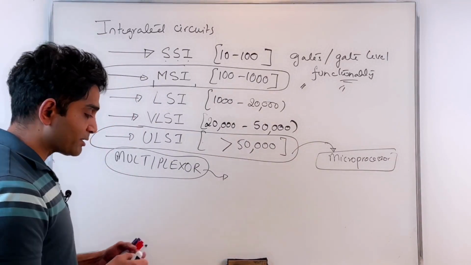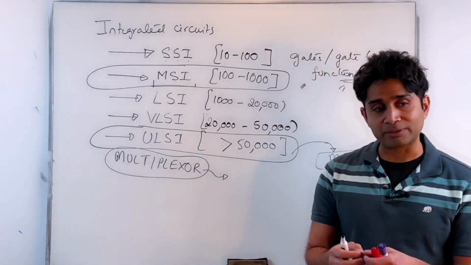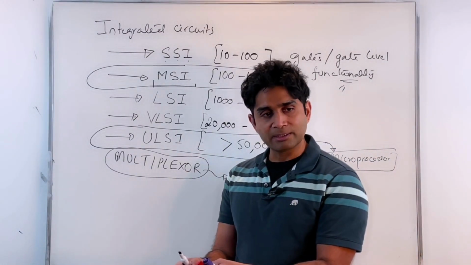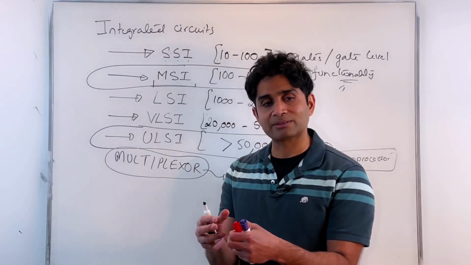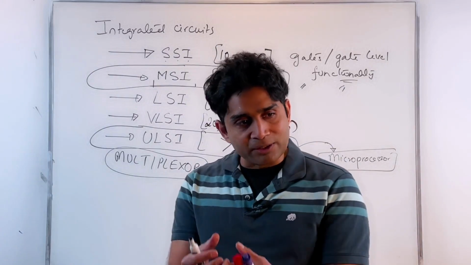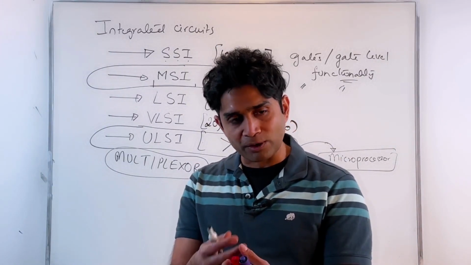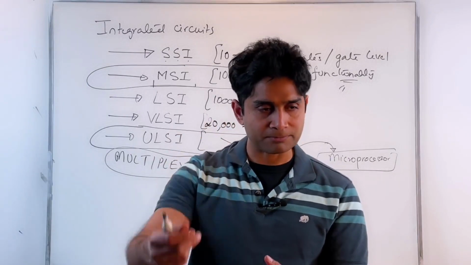Okay. Now, the only thing is, you don't have access to the individual gates within the multiplexer. However, you should be able to come up with schemes or techniques to obtain that gate level functionality by mapping your function onto that piece of hardware.